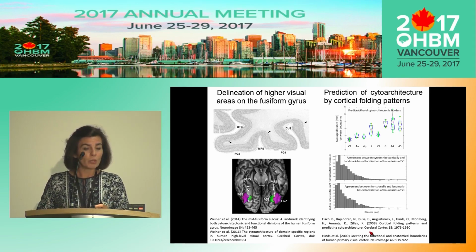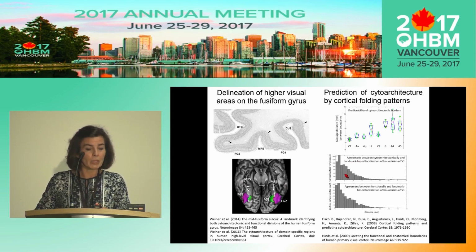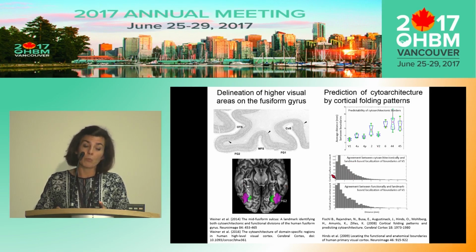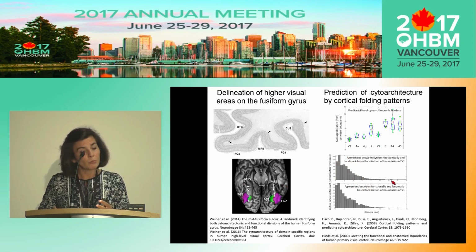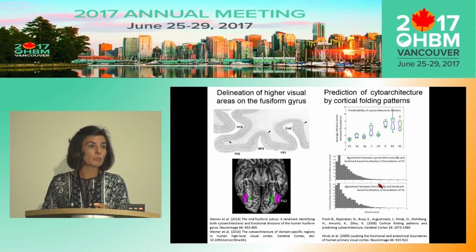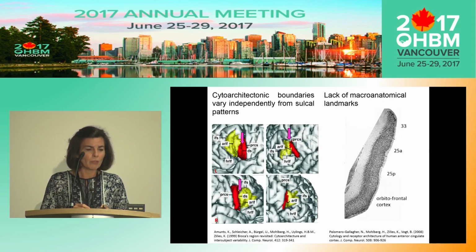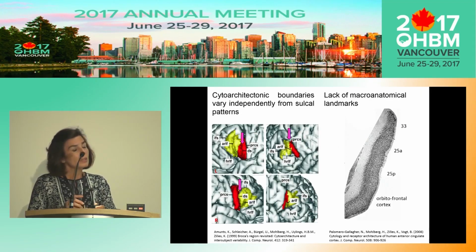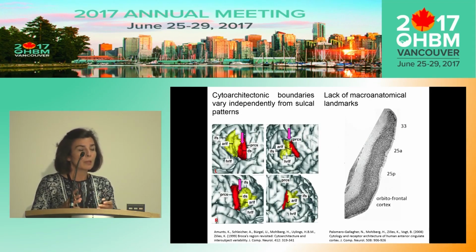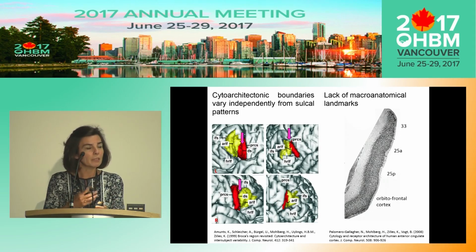You can see that when you're in the calcarine sulcus, most of the voxels are primary visual cortex. As you move out of the calcarine sulcus, you still find some voxels which can be identified as primary visual cortex. So this leads to the next point, the cases in which macroanatomical landmarks are not helpful to identify microanatomical borders between areas.